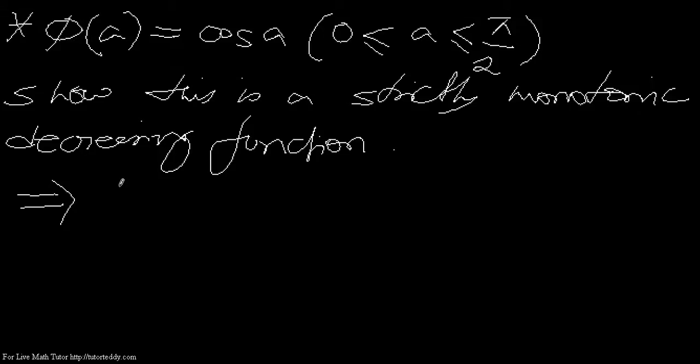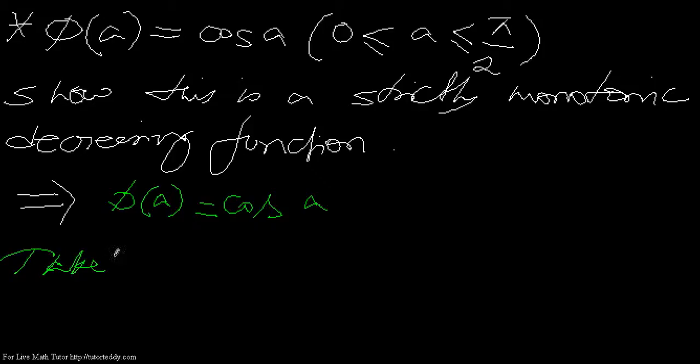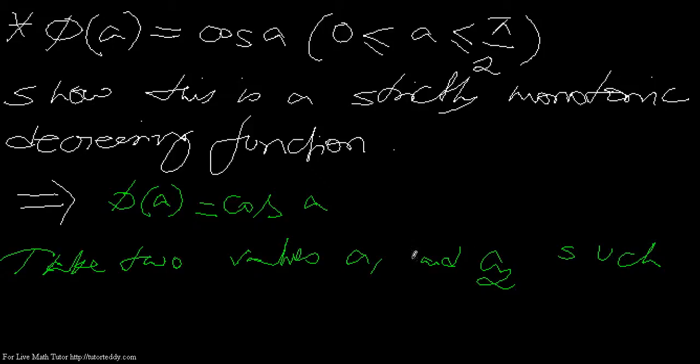So we have this function phi a equals cos a. Then we take two values, a1 and a2, such that those a1 and a2 lie between 0 to pi by 2, and also a1 is less than a2.